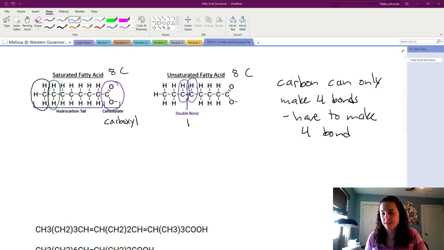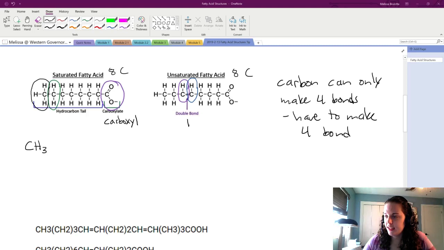Now this is important because we can draw out these formulas in different ways. So we have 8 carbons in this saturated fatty acid, and we start on the right side with CH3. Then what you can see is with these carbons, these 6 carbons in a row, they're all CH2s.